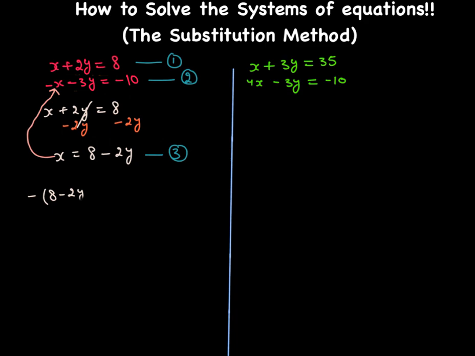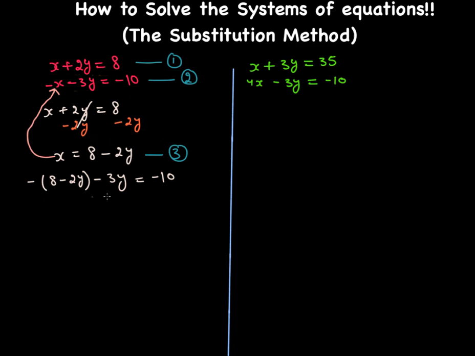Let's do it again. So it's negative, and the x value is 8 minus 2y, and then we have the negative sign and 3y over here, which is equal to -10.